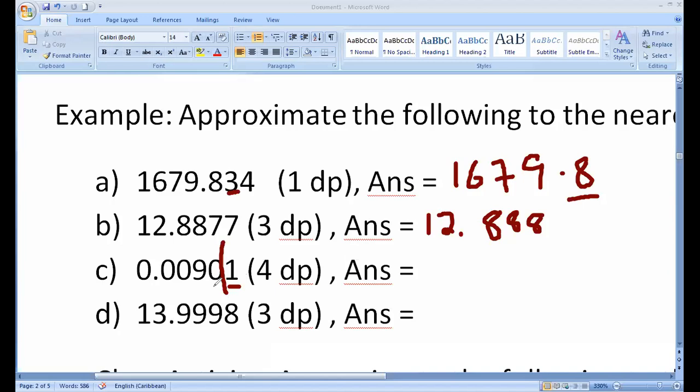Everybody clear? Yes, sir. So it's going to be 0.009. Because we have 0 right here, you don't necessarily need to write it, since it doesn't have a value, but you can just put it there. If you left it off, it wouldn't be incorrect.